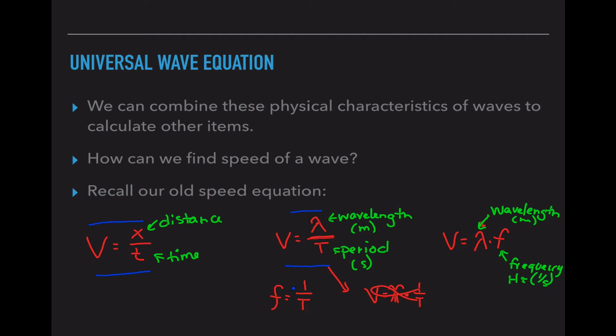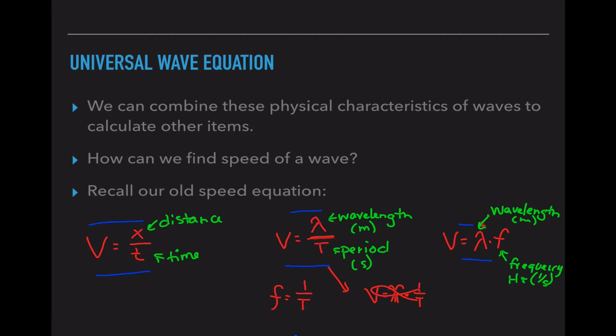And the third one we can use if we have a wave that has a wavelength of 450 meters and a frequency of 300 hertz. What is the speed of that wave? So all three of these equations are valid choices, it just depends upon what characteristics are given to us in the problem. So we're going to look at two examples just to make sure we can straighten these out.